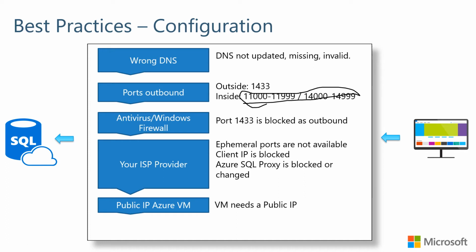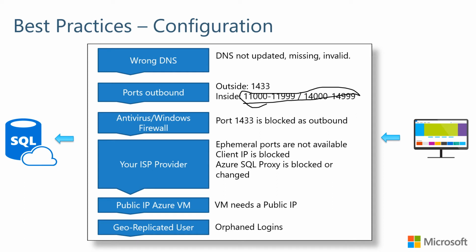Finally, when you are connecting from an Azure VM, you need a public IP, because the connection will always use the proxy connection. So at the end, your virtual machine needs a public IP. Normally there is no need to be aware of this, because when you create a VM, you get an internal IP and an external IP without any other consideration.